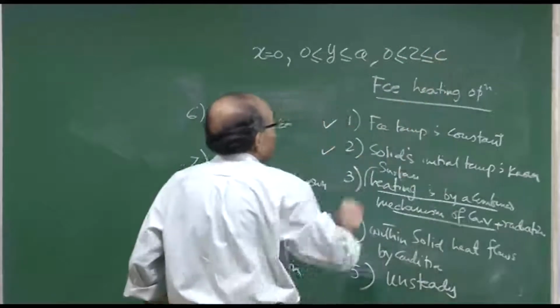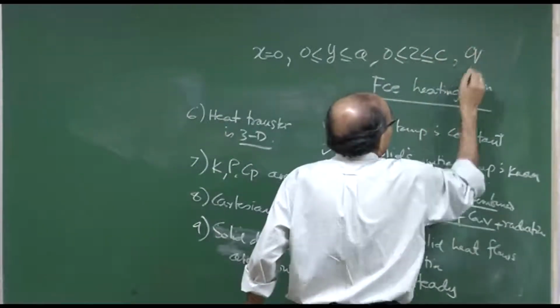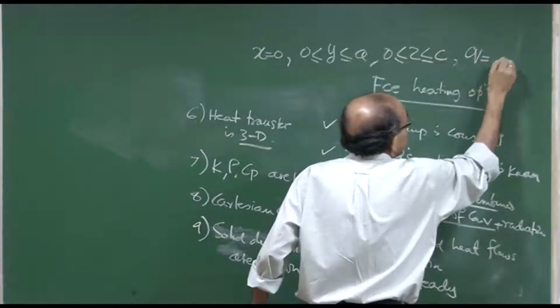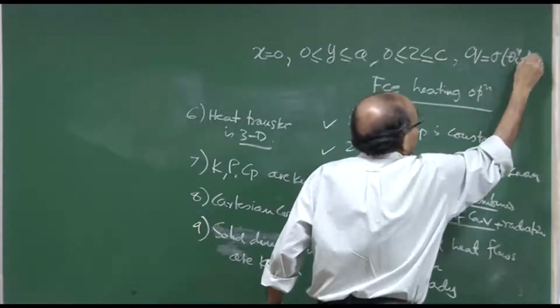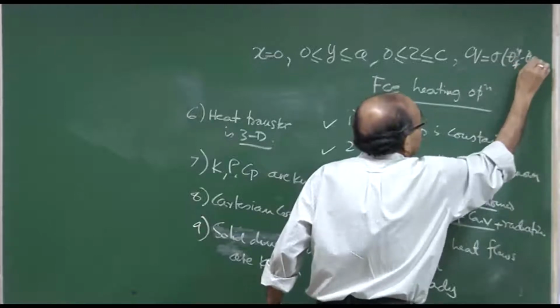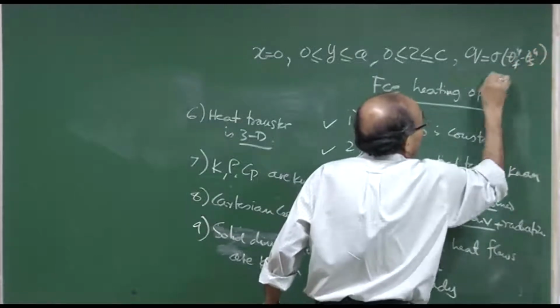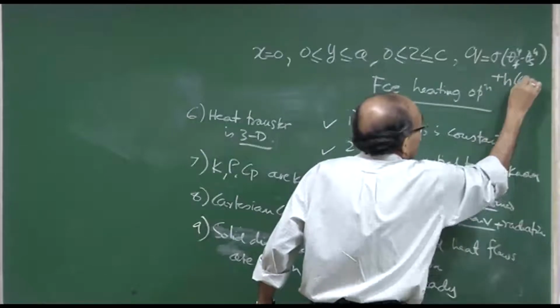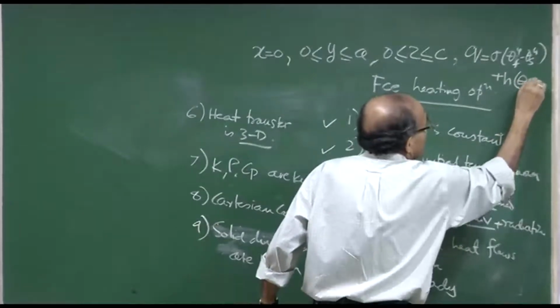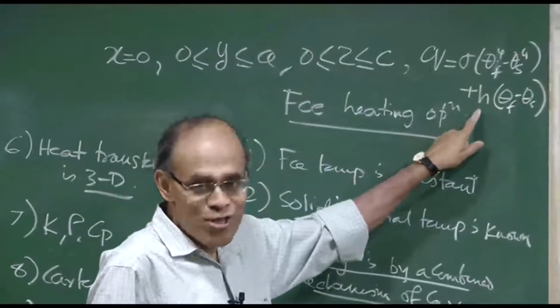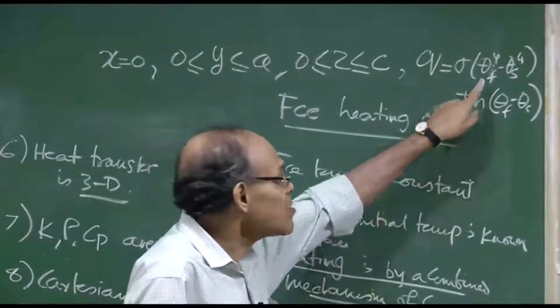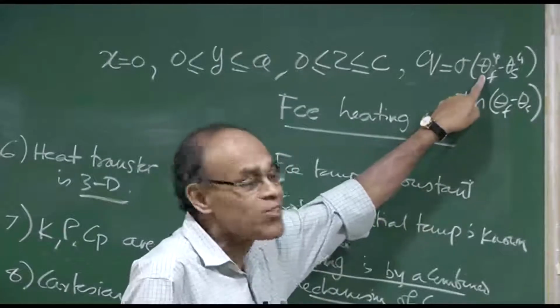I have shown, and you can say that the flux boundary condition essentially implies sigma theta furnace to the power 4 minus theta surface to the power 4 plus h into theta furnace minus theta surface. It is understood that the heat transfer coefficient is to be given to us. It is understood that theta furnace is to be given to us.